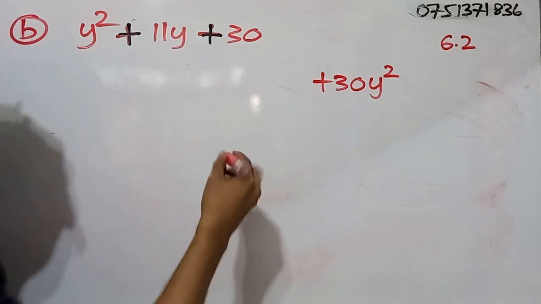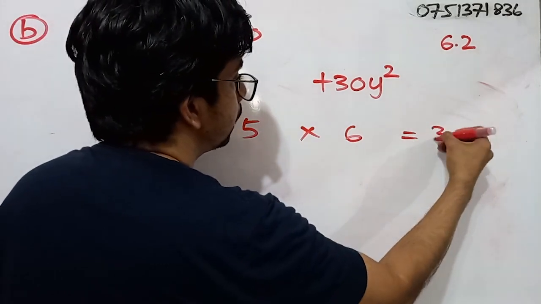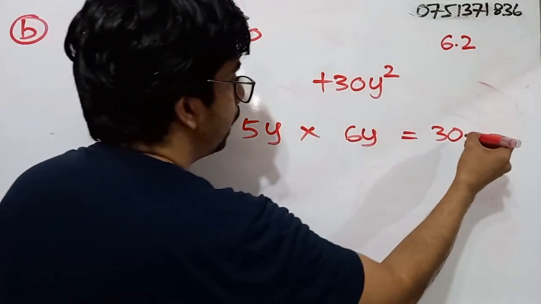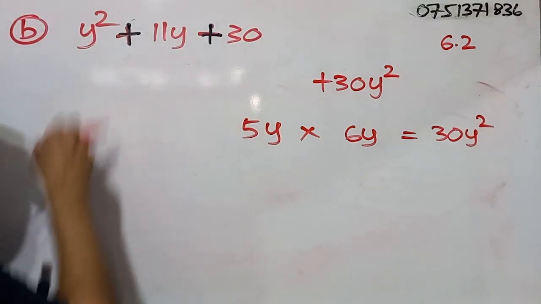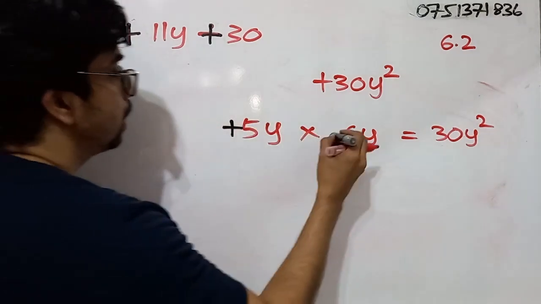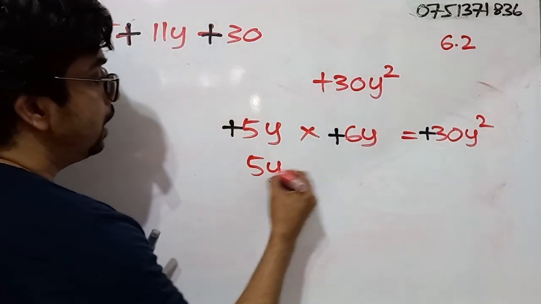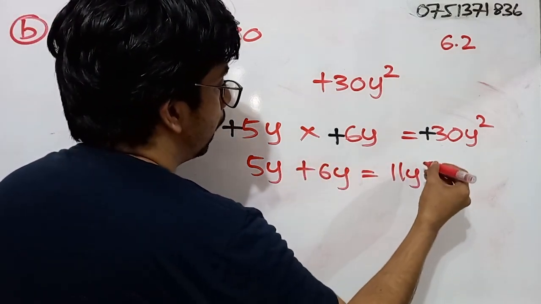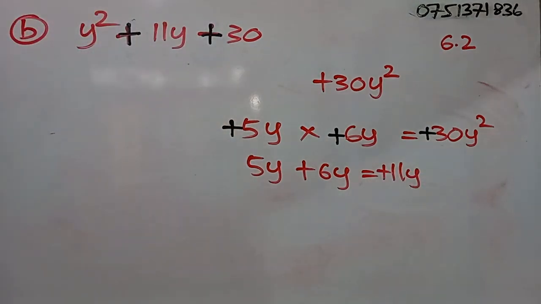So what are the factors? 5y and 6y, no? We know 5 into 6, what is that? 30. So that means 5y into 6y, that is 30y square. So in front of the middle term we have plus. That means both of these terms must be what? Positive. So if we add these two terms together, what do we get? The middle term, which is also positive, 11y.